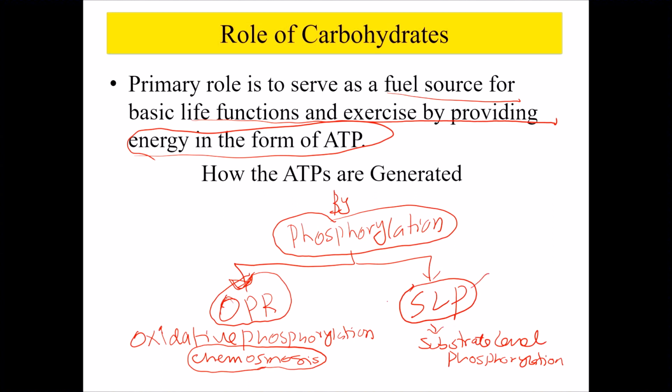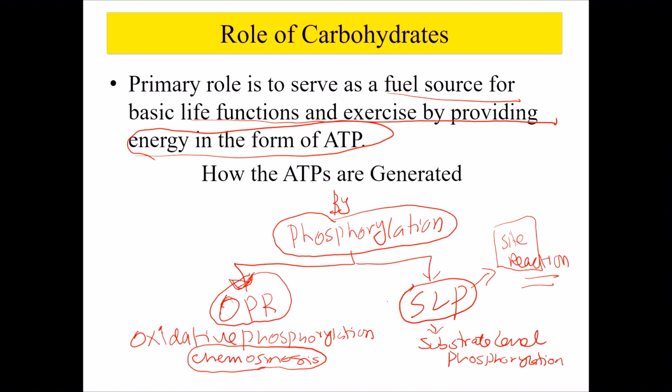Substrate level phosphorylation is the type of phosphorylation where we get energy at the site of the reaction. So this is the major role of carbohydrate in our body. It provides quick energy. 1 gram of carbohydrate gives us 4 kilocalories, with the help of these two phosphorylation mechanisms.